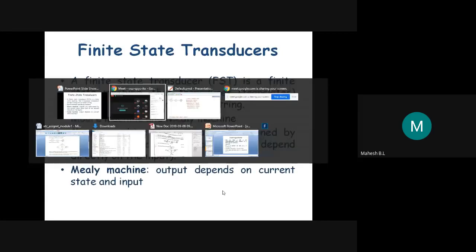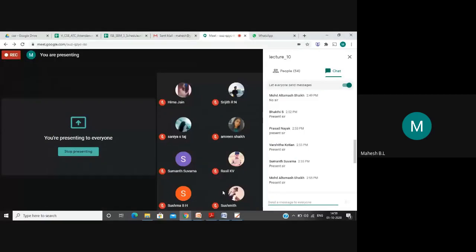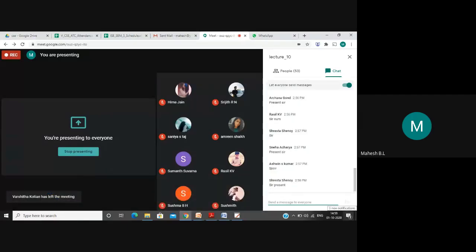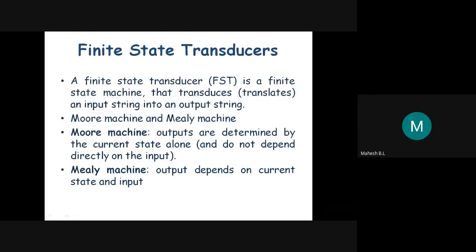Okay, finite state transducer. So a finite state transducer is a finite state machine that transduces or translates an input string into an output string. So input string you provide, it is translated to an output string.